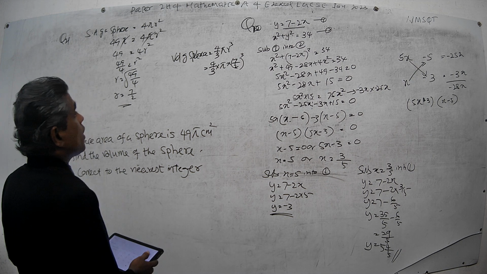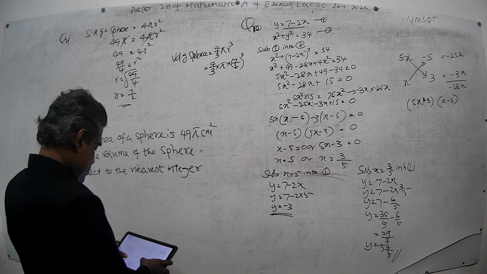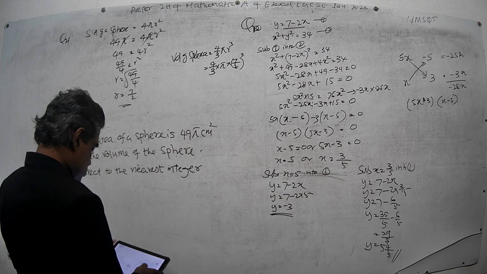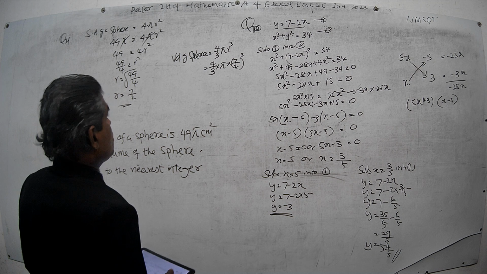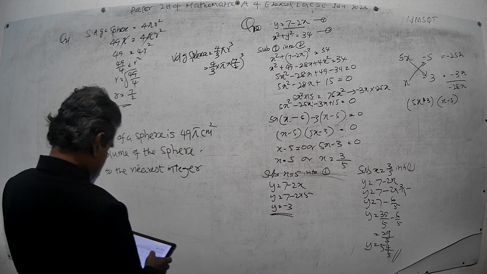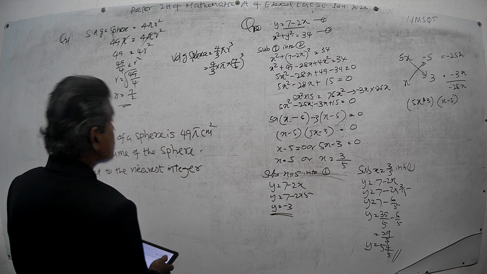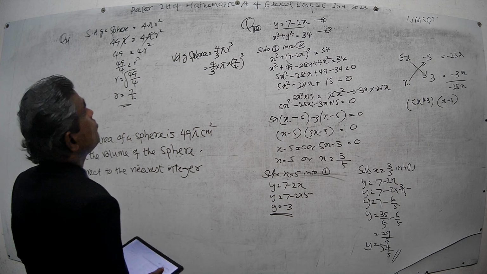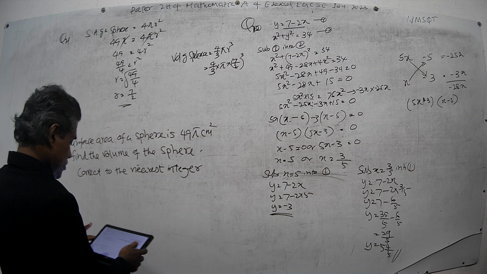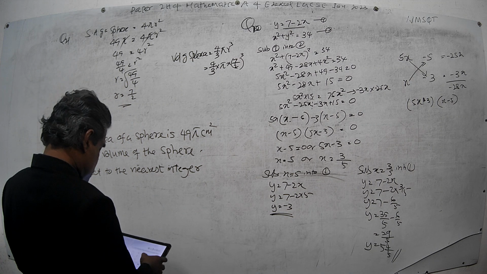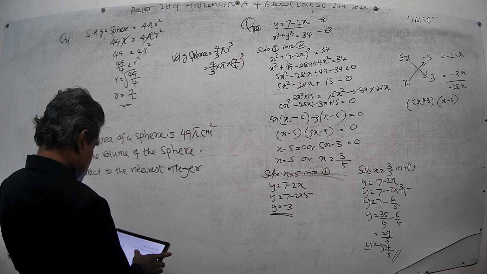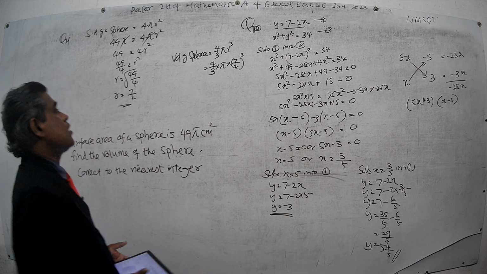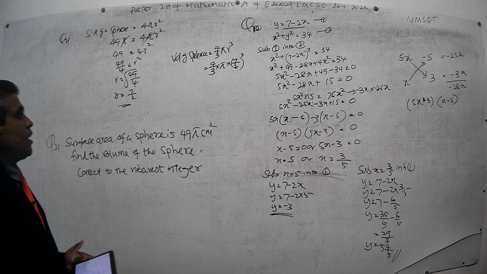Okay. Now 4 over 3 into pi into 3.5 cube. 7 divided by 2 means 3.5.